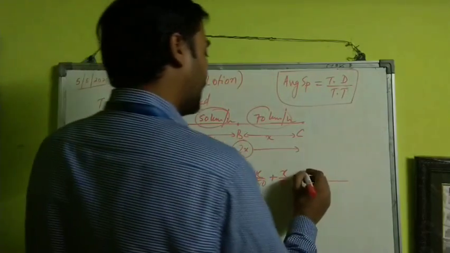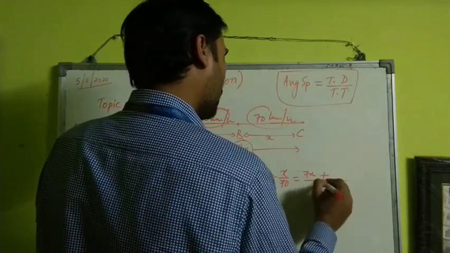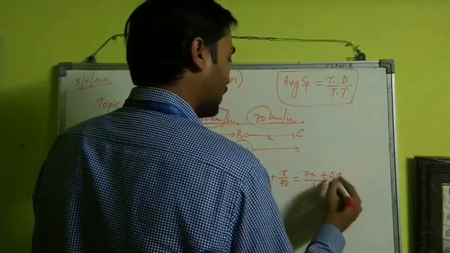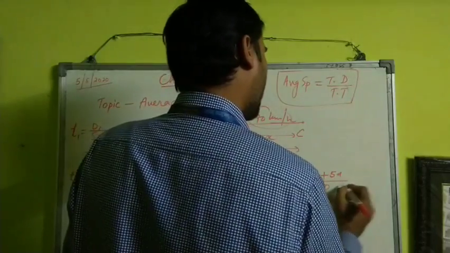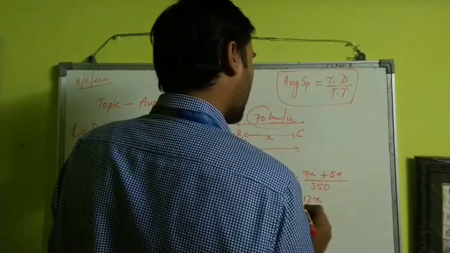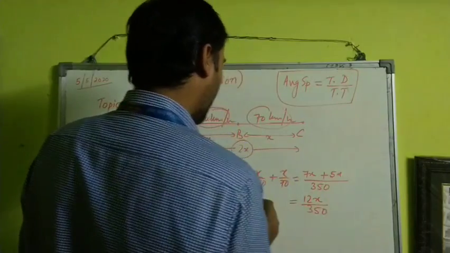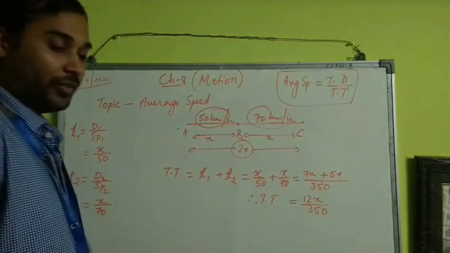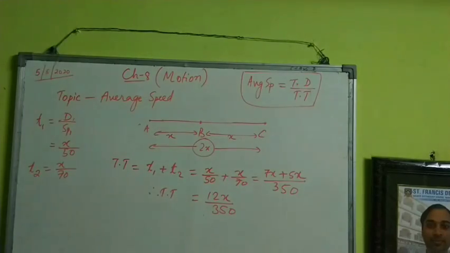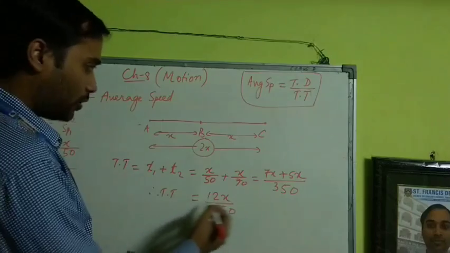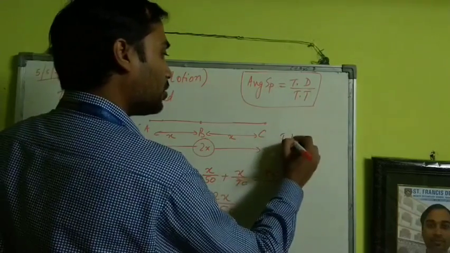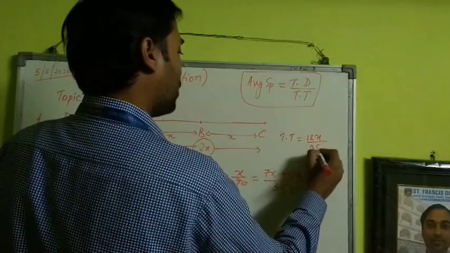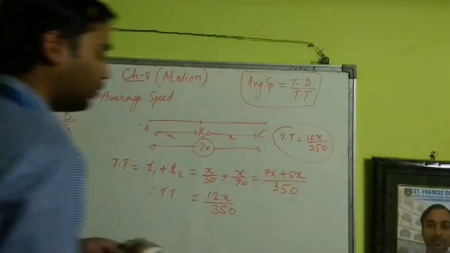So here we can write 7x plus here we can write 5x. So 7x plus 5x will become what? 12x divided by 350. So we got total time as 12x by 350. So now just note it down so that I can rub it. 12x by 350. So this is the total time we got.